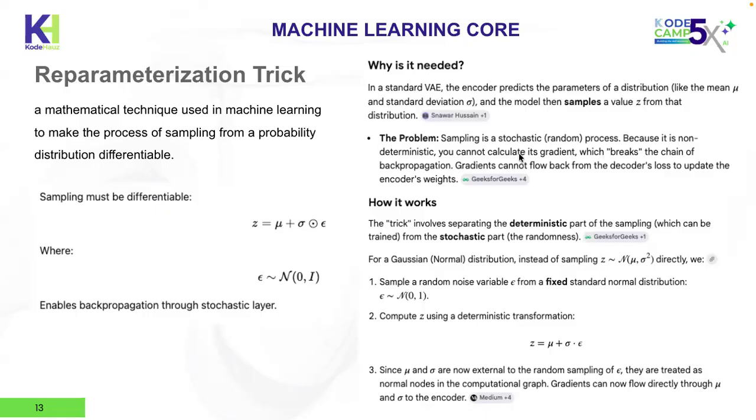So the problem is that random sampling is a stochastic process. Stochastic means it is non-deterministic. Stochastic simply means it is random. And because it is random, you cannot calculate a gradient. Random numbers do not have gradients.